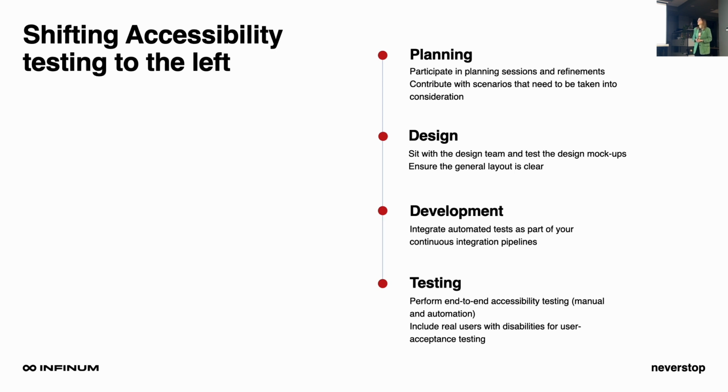In the development phase, we can start with integrating automated tests into our CI, and at the end perform end-to-end accessibility testing, manual and automated. And of course, it's good to include real users with disabilities for some acceptance testing, to see if we implemented everything as we should.